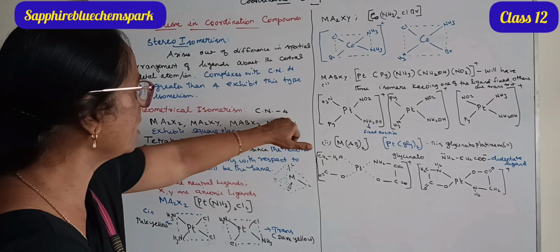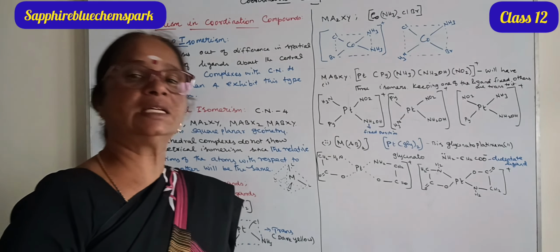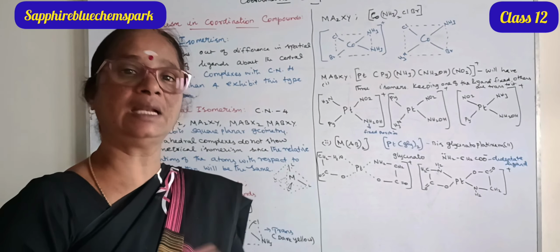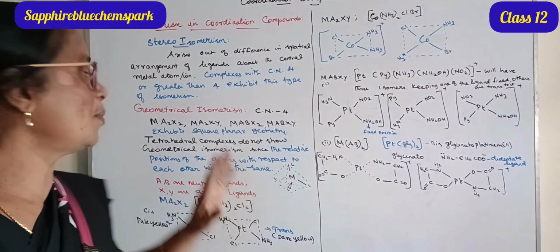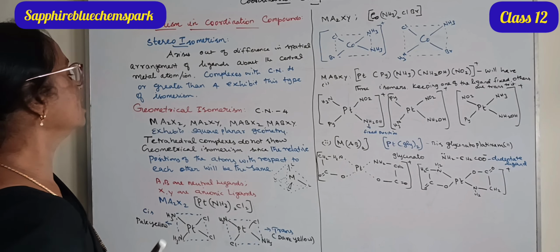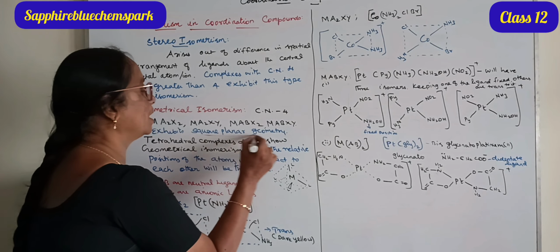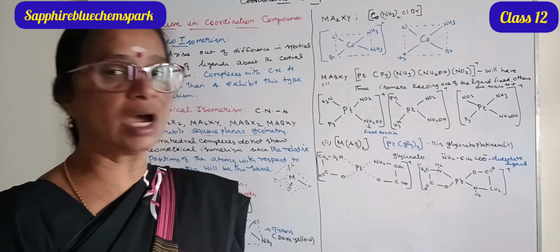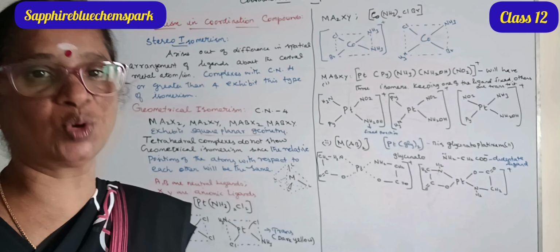When the coordination number is 4, the geometry of the complexes can be square planar or tetrahedral, but geometrical isomerism can be given only by the square planar complexes. The tetrahedral complexes do not show geometrical isomerism.